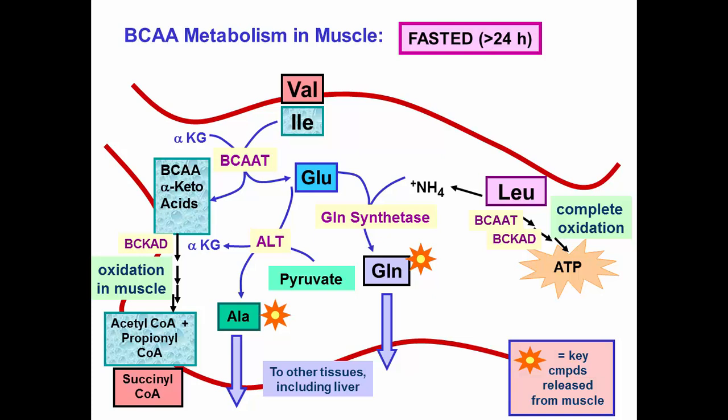And it yields ammonia that can then be made into glutamine for export. So the main thing is that under these conditions, BCKAD activity is increased 5-fold, and it allows for more complete oxidation of those. Under normal conditions, its activity is low, and it allows those keto acids to go elsewhere.